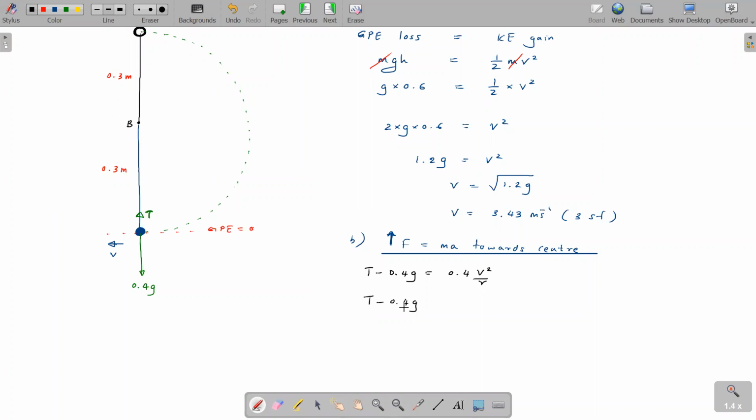So T minus 0.4 G equals 0.4 into V squared. V squared is 1.2 G. Can you see, guys? V squared is 1.2 G over radius, which is 0.3.